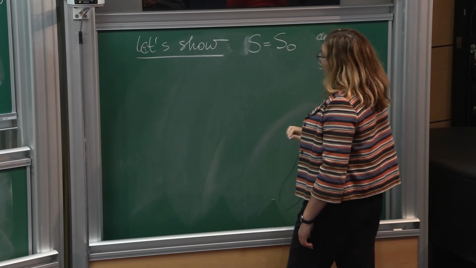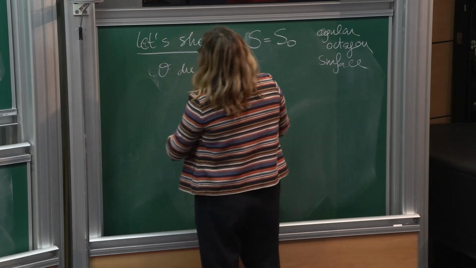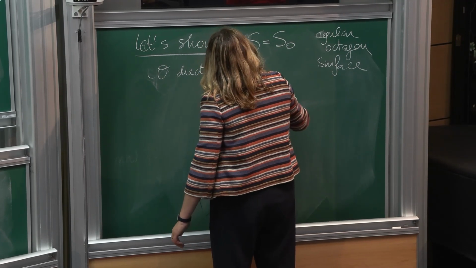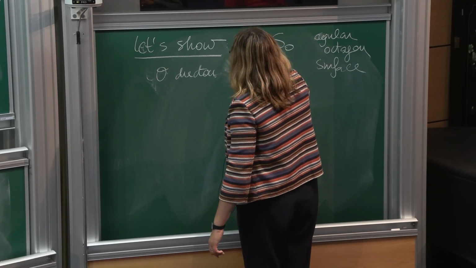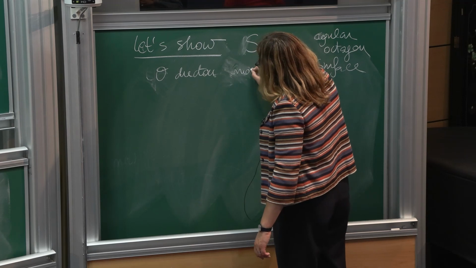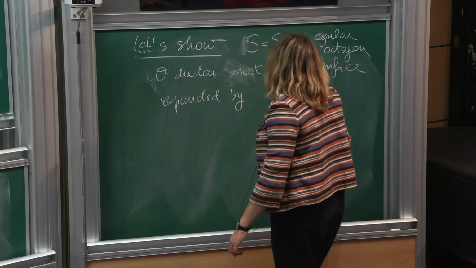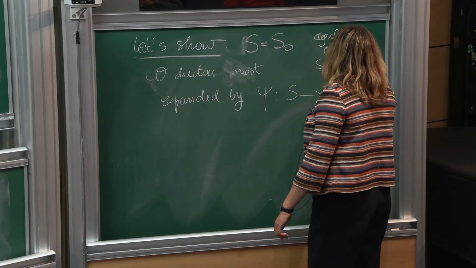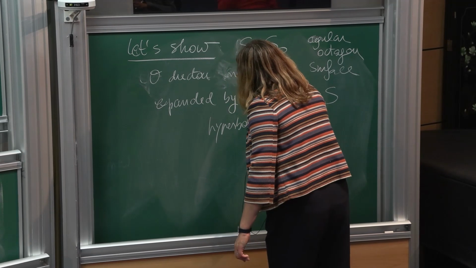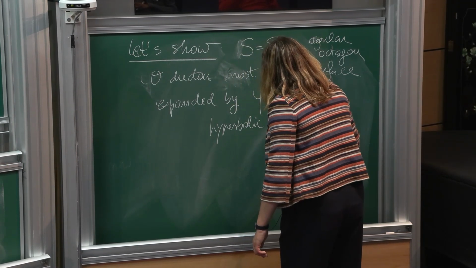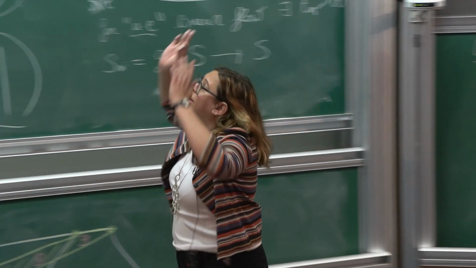And take a direction theta fixed, the most expanded direction, the Perron eigendirection, most expanded by some psi from S to S, which is a hyperbolic affine diffeomorphism. So in this setting, I have my regular octagon.